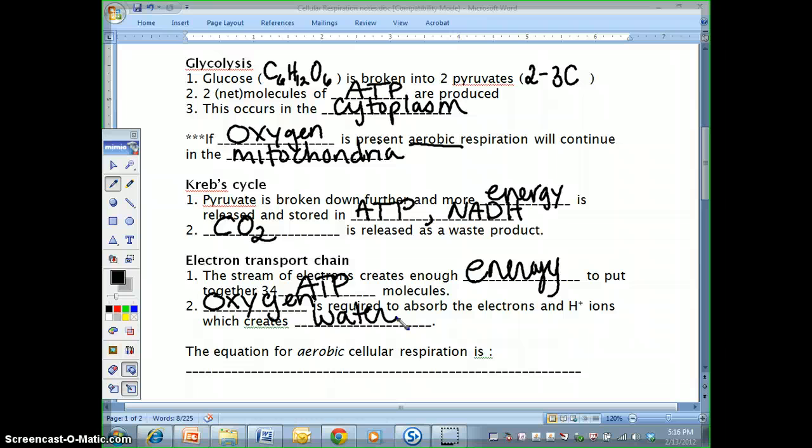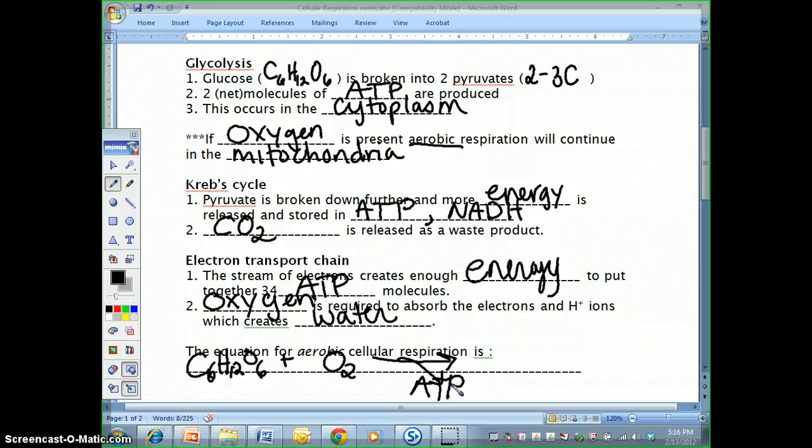Okay, so the overall equation for aerobic cellular respiration is glucose, C6H12O6, plus oxygen, which is O2, with an arrow here. Now again, sometimes I put the ATP coming off of the arrow, just because when we compare this with photosynthesis, we usually put the energy around the arrow.